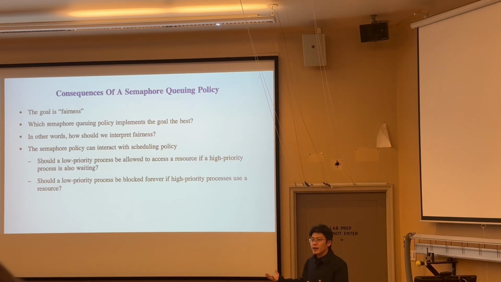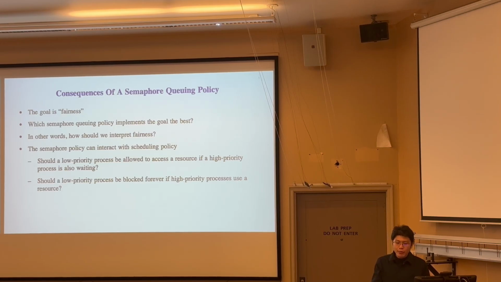If there's no fairness guarantee, it is possible that for a few processes who are competing for the semaphore very frequently, one could prevent the others from using the semaphore. So the goal is fairness.